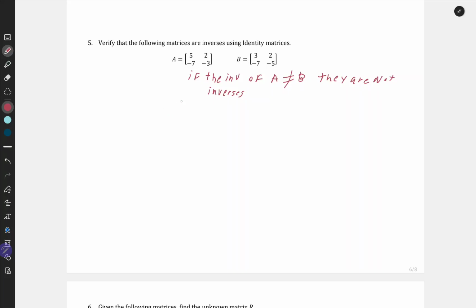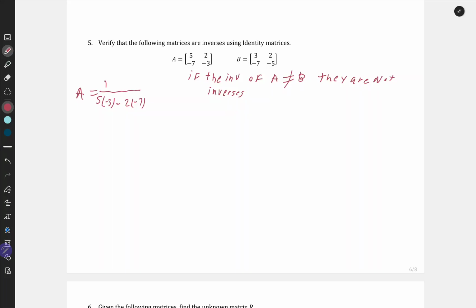So in this case, you have an A, which is 1 over, you could do 1 over 5 times 2, wait, what? No, that's not right. 1 over 5 times negative 3 minus 2 times negative 7.